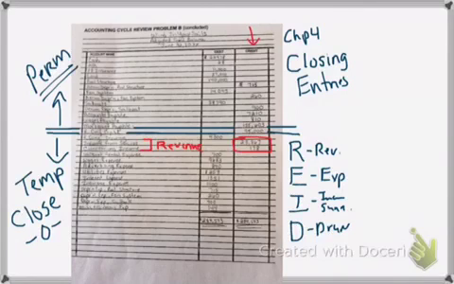So I would go into the general journal, and let's say that we're on general journal page 4 for this. We are looking at that June 30th date in the general journal.